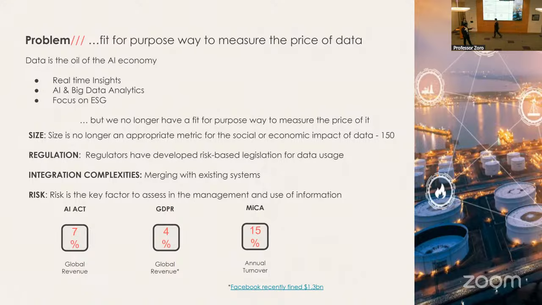According to the AI Act, they charge approximately 7% of your global revenue. According to GDPR, they charge 4%, and MiCA charges 15%. And I think about 2 years ago Facebook was fined 1.3 billion due to a data breach. And where does that money go? Since we are the providers of that alternative data, we should be able to get something out of that.